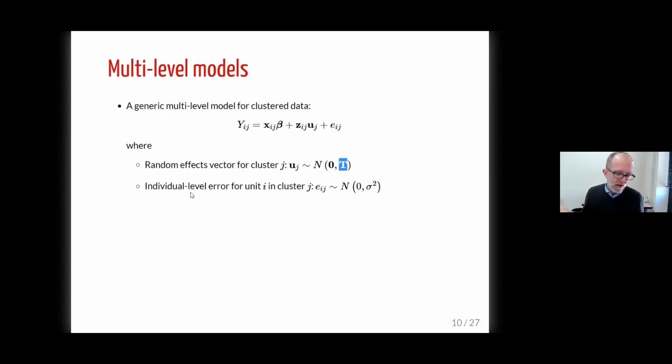And then we might also assume that the individual level errors, say the error e for student i in cluster j, is also normally distributed and homoscedastic, say with variance sigma squared. You can make other assumptions here. If you're used to using multi-level models for longitudinal data, you might put some sort of structure on the errors, like an autoregressive structure or something like that. Multi-level models can accommodate that pretty routinely.